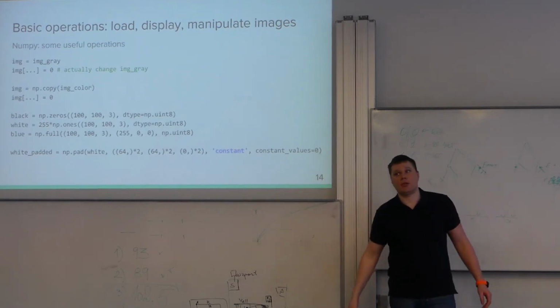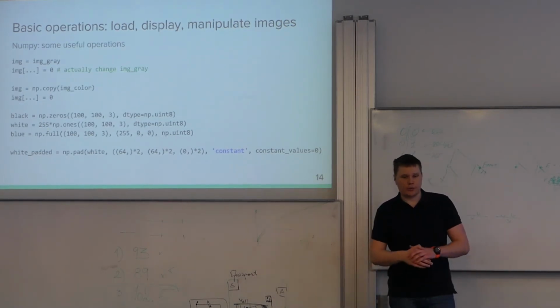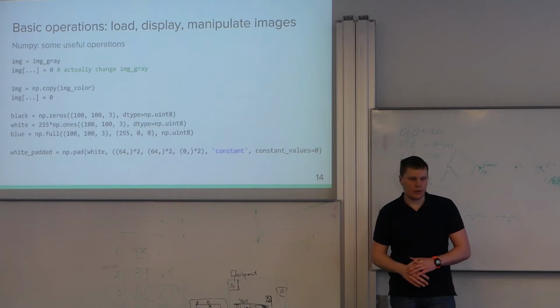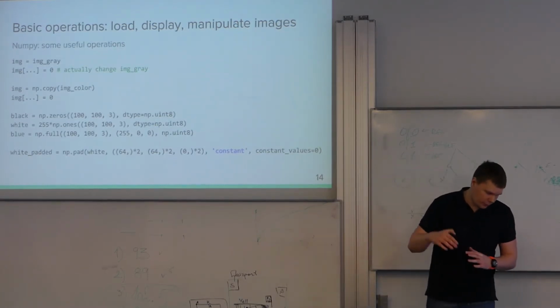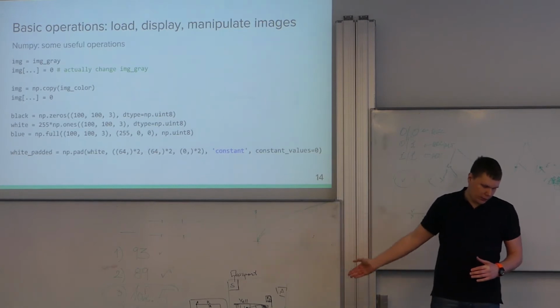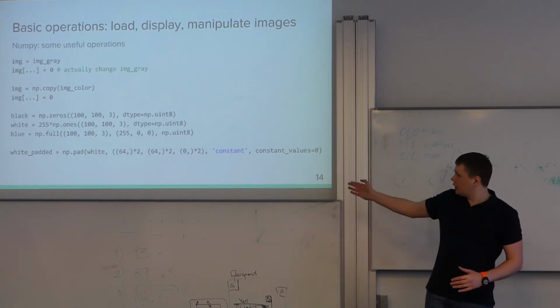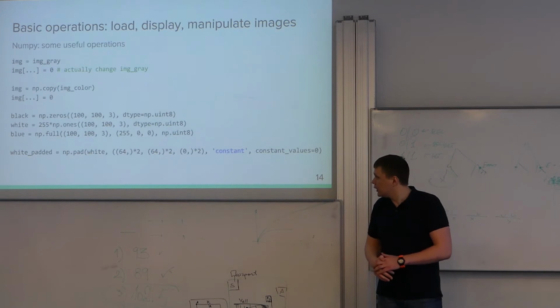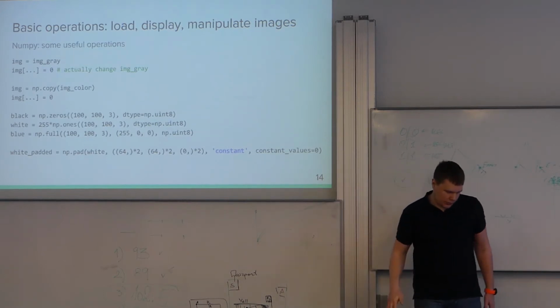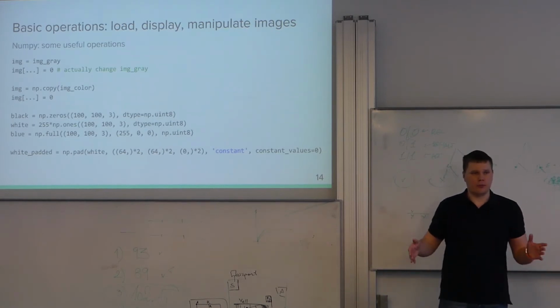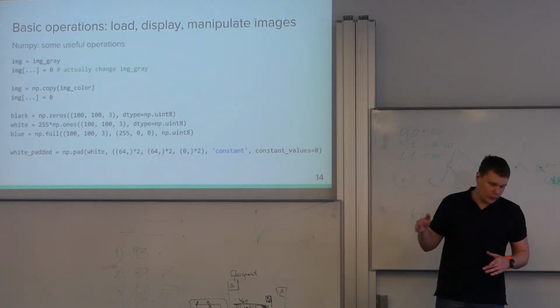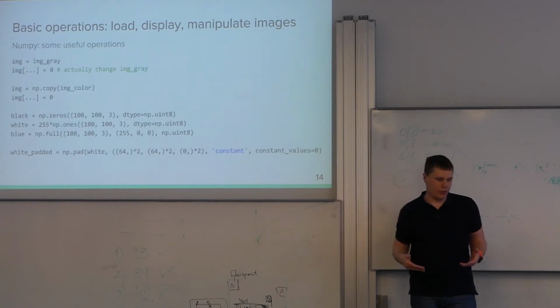Also, sometimes we need to create new matrices, like we don't want to load them, but we want to create something by ourselves. We can do it with the zeros and ones functions. Also, we can use the np.full function. All these functions are similar, and the first parameter is a shape. It's what we want our tensor to be.